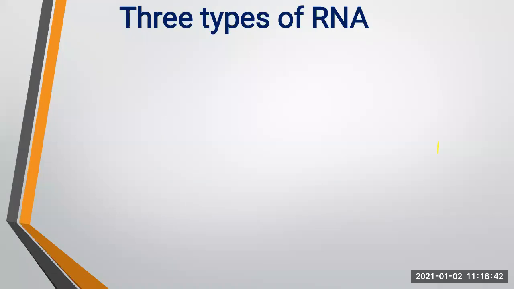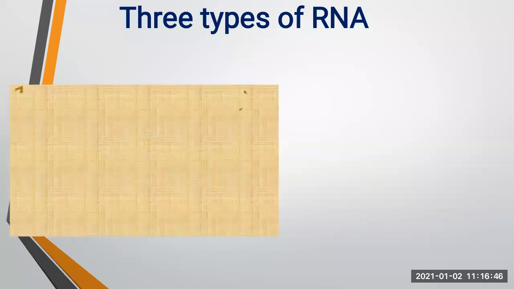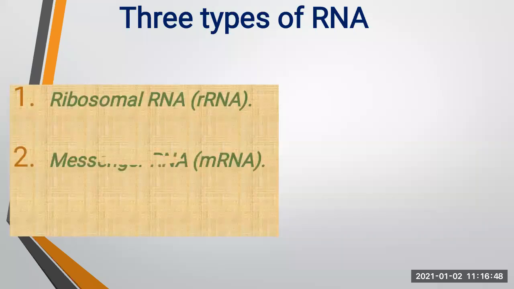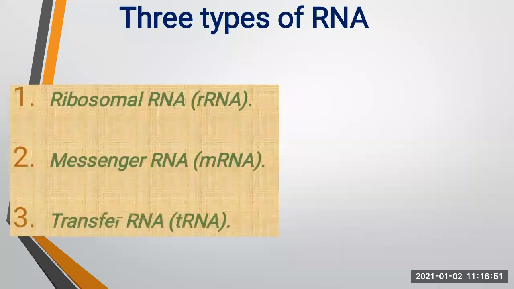Which are those? mRNA, tRNA, and rRNA. That is messenger RNA, transfer RNA, and ribosomal RNA.